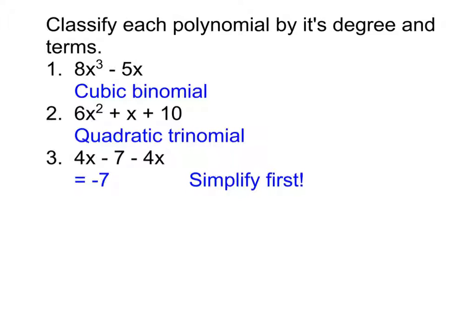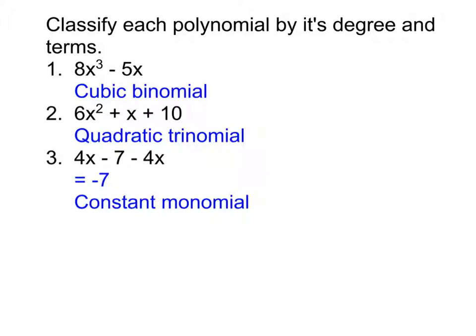What is the degree in -7? Well, that's the exponent on x. There is no x, which means that the exponent is 0. So yes, that is constant. And how many terms are there? 1. So it is a constant monomial.